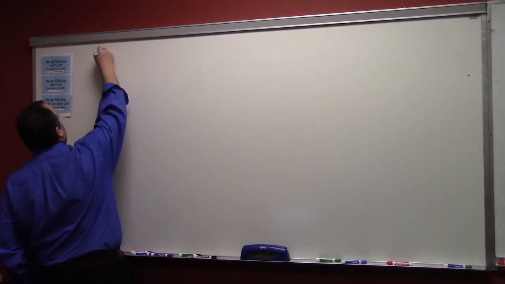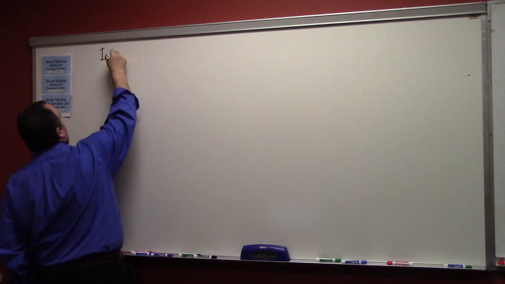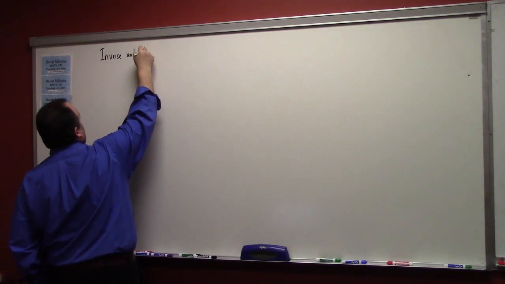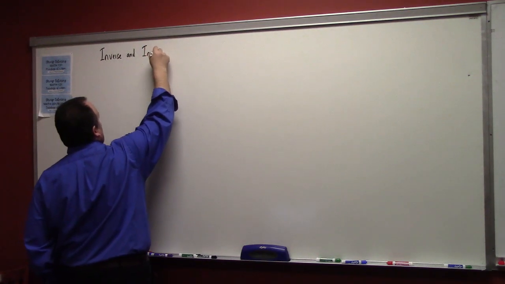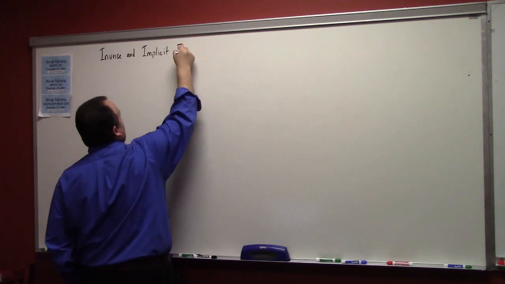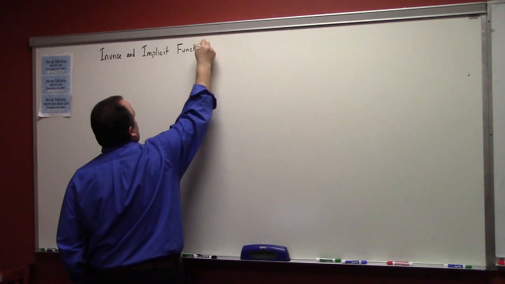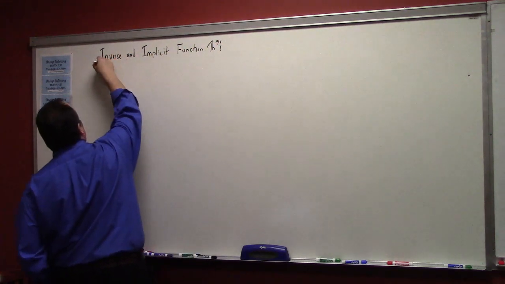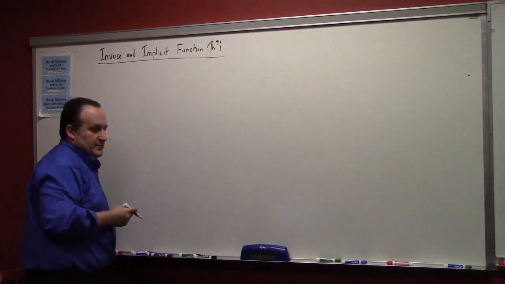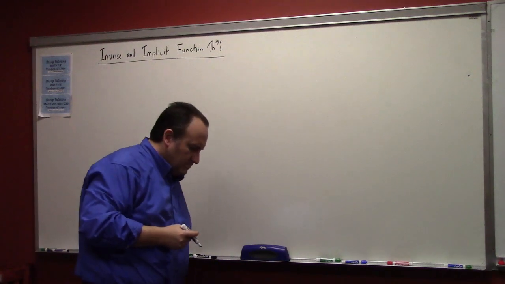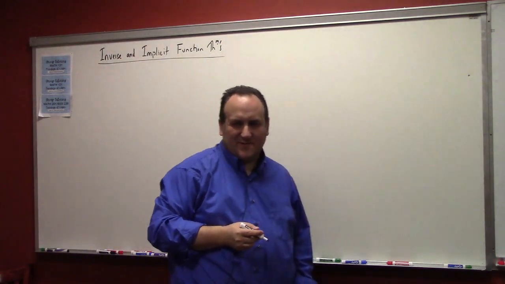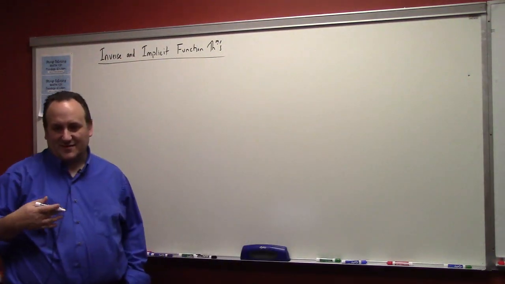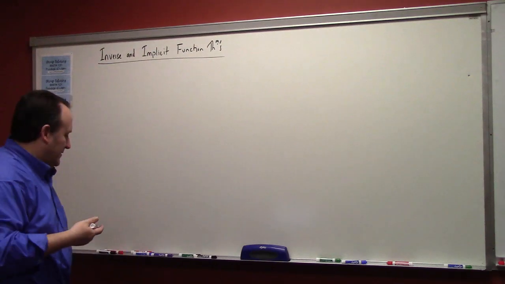Let's talk about the inverse and implicit function theorems. Now, I warned you there would come a time when I stop proving things for normed linear spaces, and that time is now.